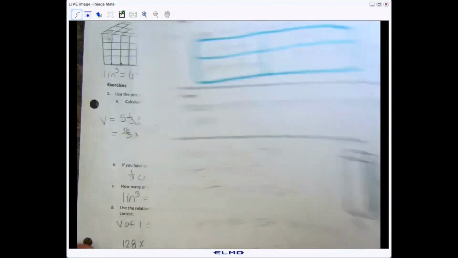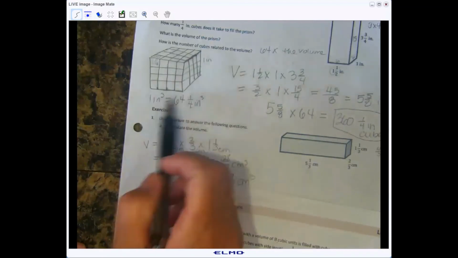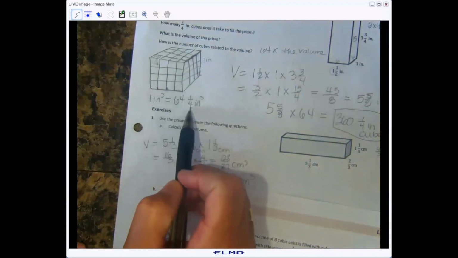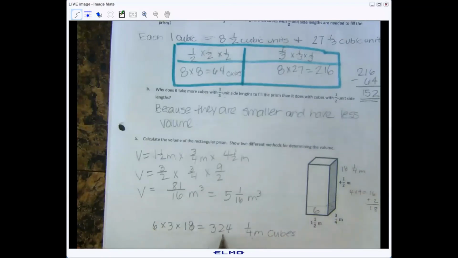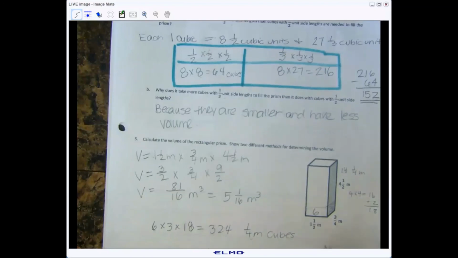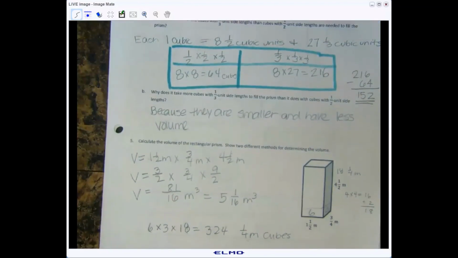Yeah, we did. We already know that there are 64. We did that right here. We found out that in 1 cubic inch, there are 64 quarter cubic inches. So now I multiply my 324 times the volume of a quarter cubic inch, and I get my same volume.